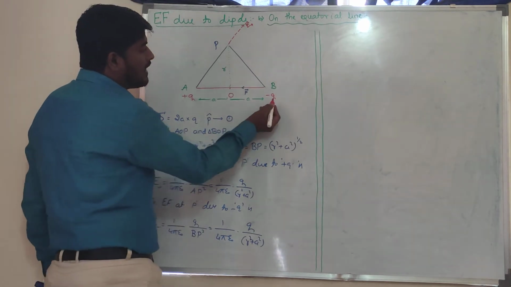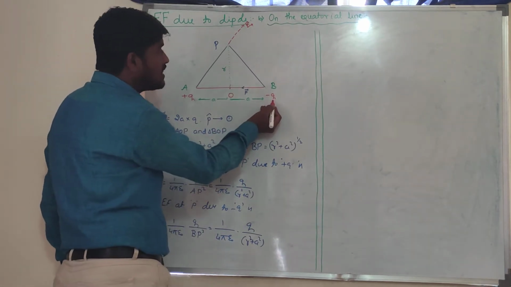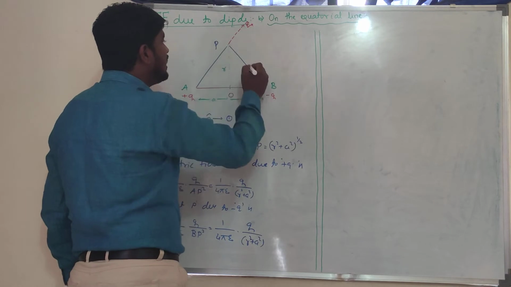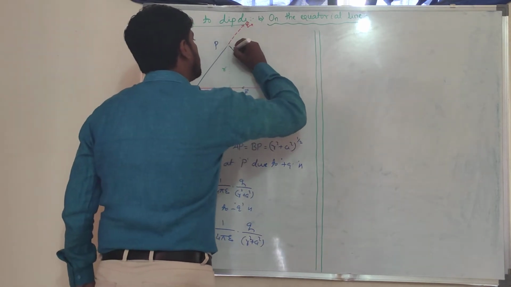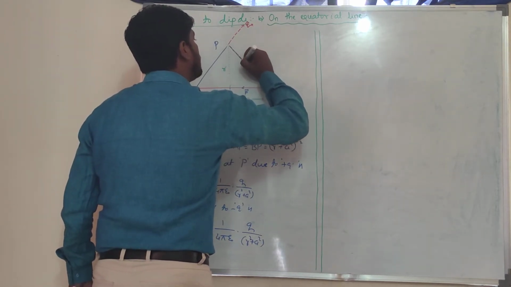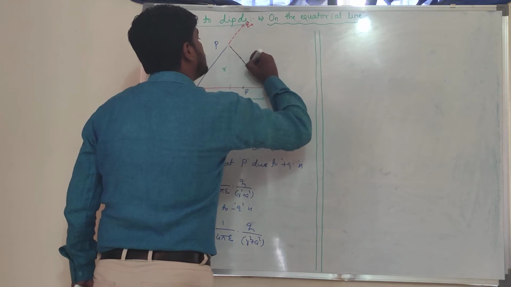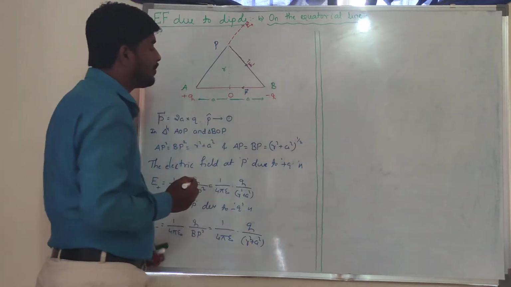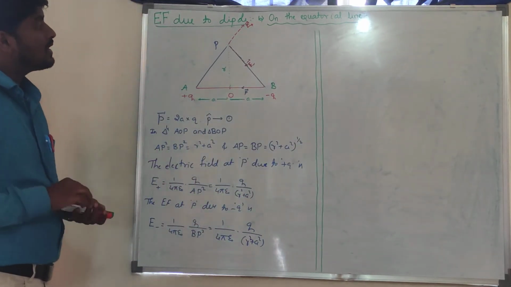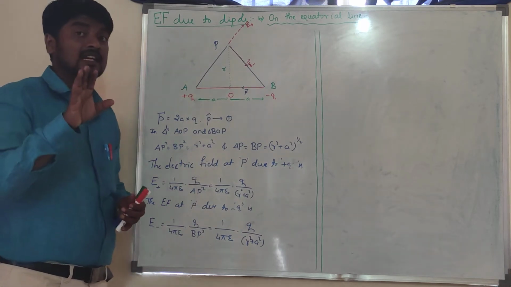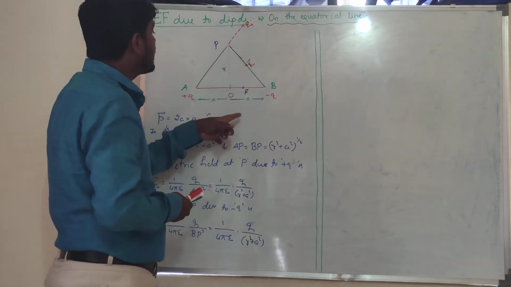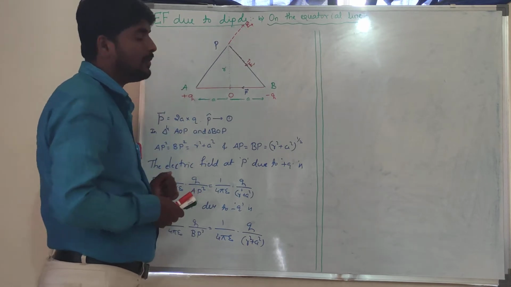Similarly, if the source charge is negative, the electric field is radially inward, so it comes like this. This is E minus. But I want to calculate the resultant electric field due to this electric dipole at point P.